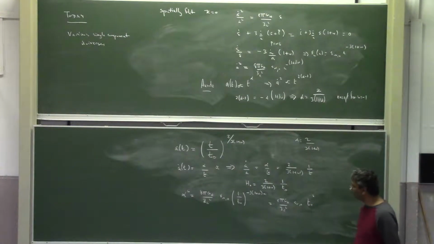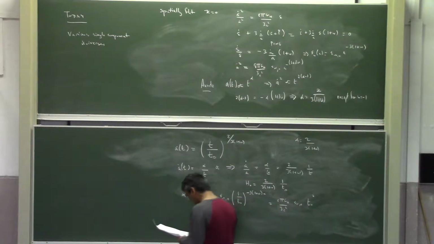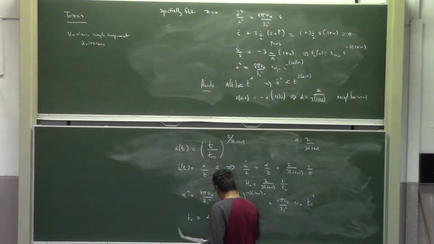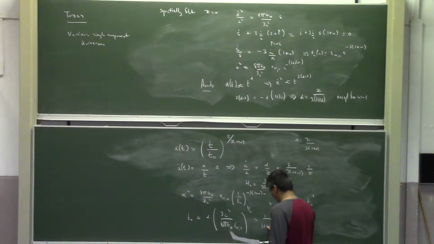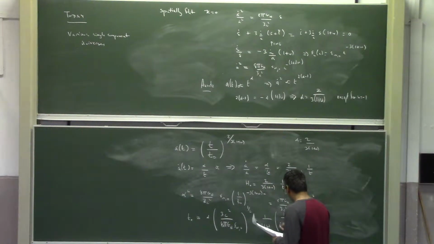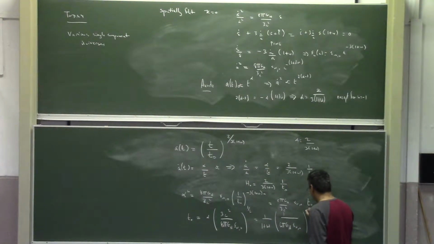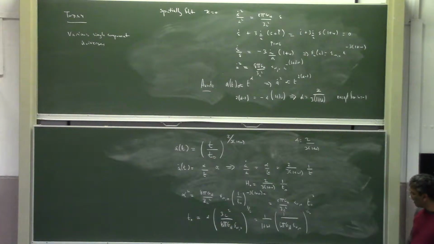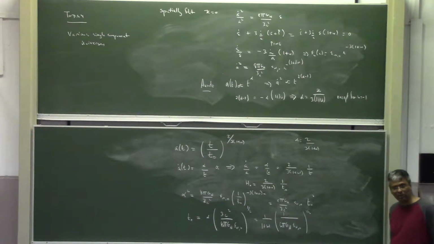We just get the minus 2. So we solve for t0 now, and t0 is alpha times 3c squared over 8 pi G Newton, epsilon w0 to the 1/2, which is 1 over 1 plus w, 1 over 6 pi G Newton, epsilon w0 to the 1/2. So we solve for the age of the universe in terms of the energy density today and the equation of state parameter w.